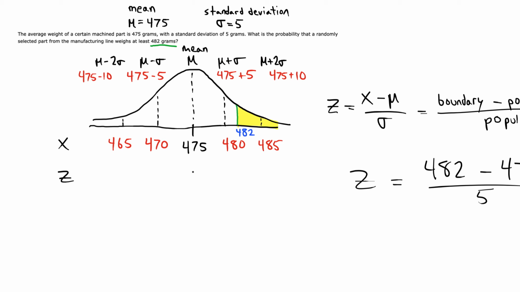When it comes to z's, we have a z of 0 at the mean, a z of 1 for one standard deviation above the mean, and a negative 1 for one standard deviation below the mean. We'll have a 2 at the 485 and a negative 2 at the 465. But the z that we're really interested in right now is the z that goes along with the 482. According to the math, that's going to be a 1.4.